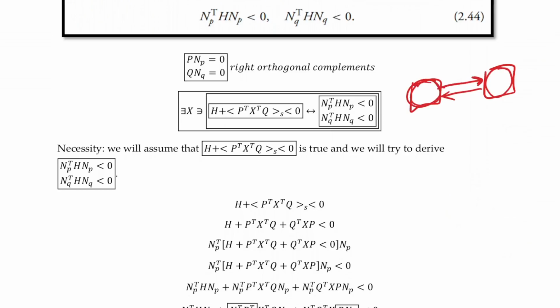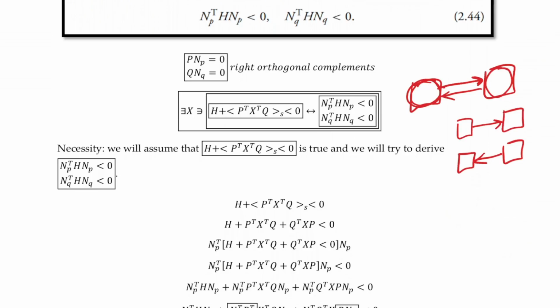So first we want to prove that the first condition implies the second condition. We will try to prove that, and then when we're done, we will try to prove that the second condition in fact implies the first condition. This is the proof structure whenever we're dealing with if and only if statements.